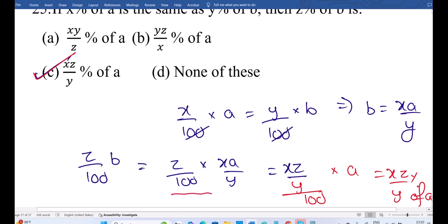This one we are modifying. If you observe, at least the numerator zxA is required, and it's available in option C. Denominator should be y. Percentage is nothing but divided by 100, so that will compensate. So option C is correct, right.